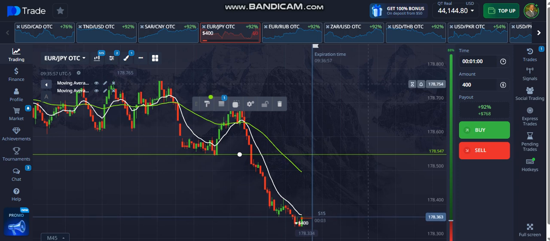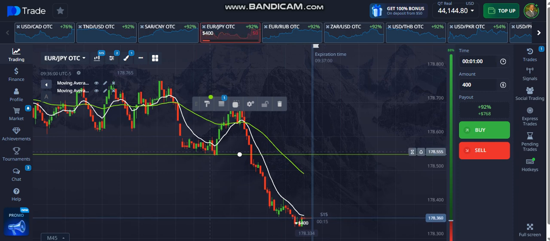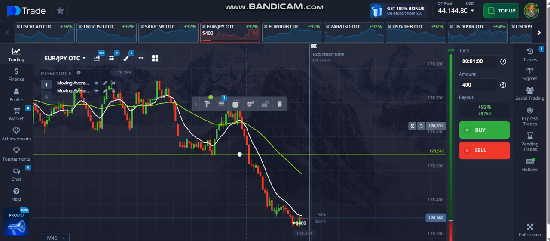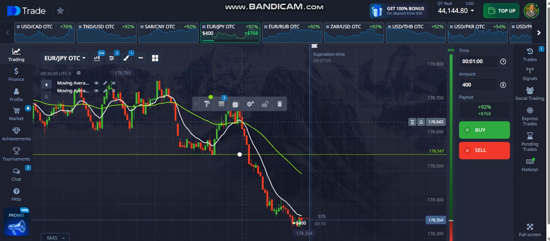Okay, so I'm back on the Euro Japanese Yen OTC pair. And what I did is I waited for the white 10 EMA line to cross the 50 EMA, as you see at the top, the last crossover there.